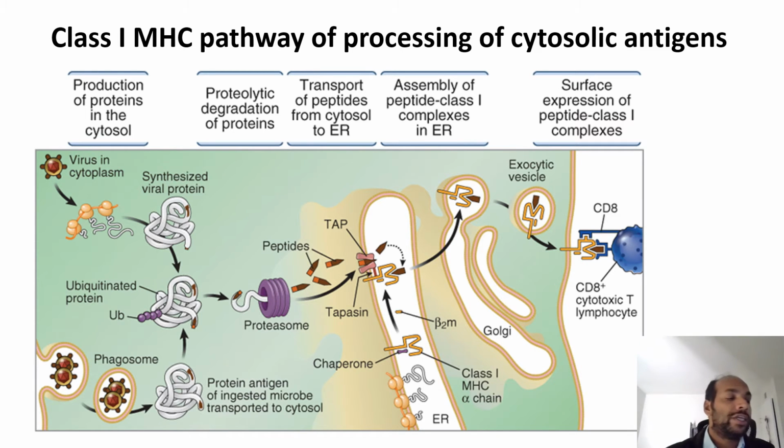After trimming by cytosolic proteases, these peptides enter the endoplasmic reticulum by a special molecule called TAP. TAP has two subunits, TAP1 and TAP2, and this is the central core part of the peptide loading complex.